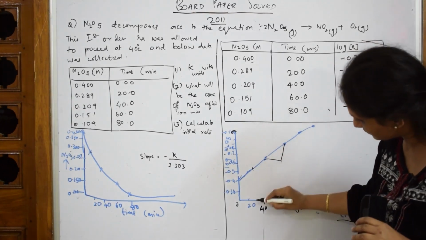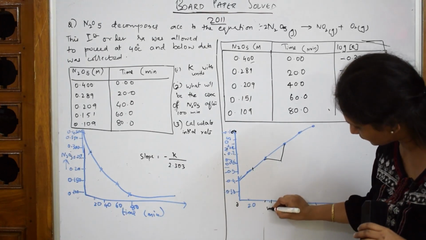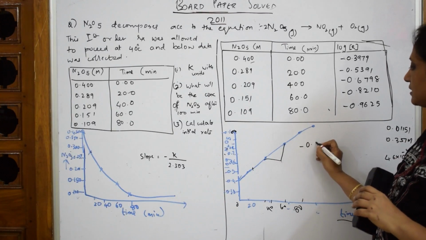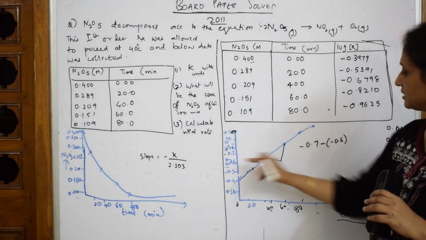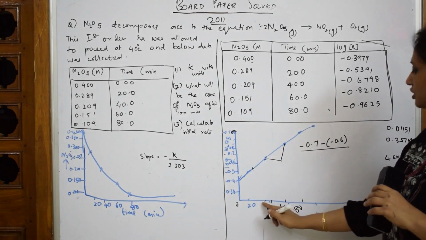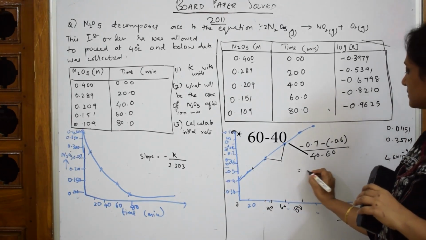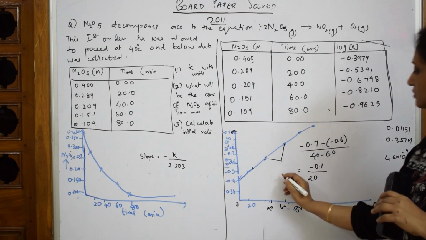When I drop this down, this is 20 and 40. So write down minus 0.7 minus of minus 0.6, isn't it? Two limits. Below we have 40 minus 60 limit. So when I solve this it becomes minus 0.1 by 20. This is what is your slope.